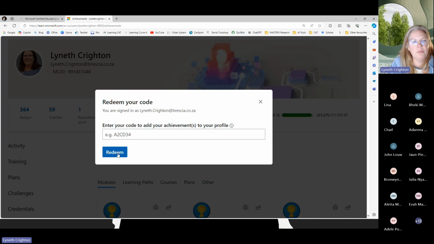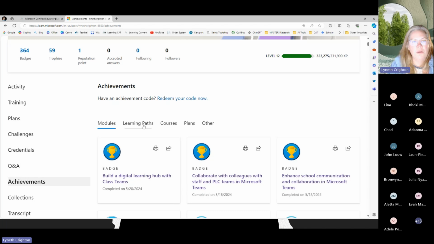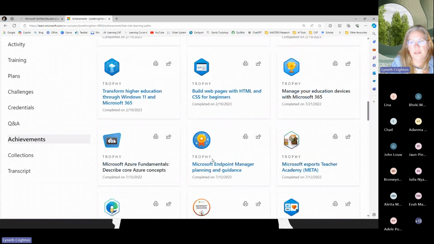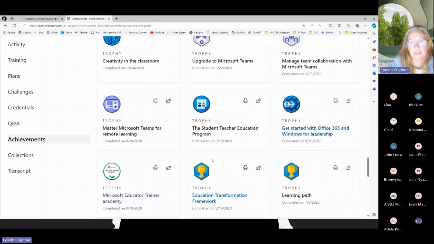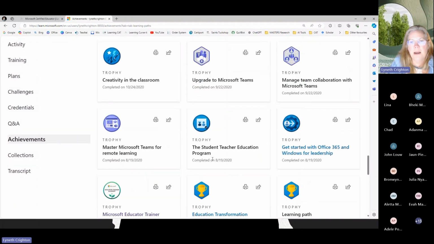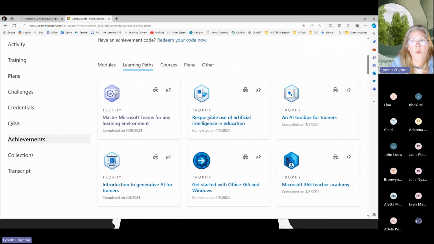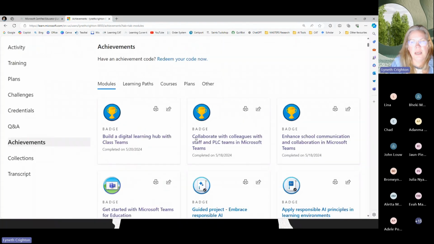Then you click redeem, and under learning pathways, it will give you this 21st century learning trophy. Sorry, I did mine a while ago. And there it is. It will also give you all the badges for the individual modules, which is here.